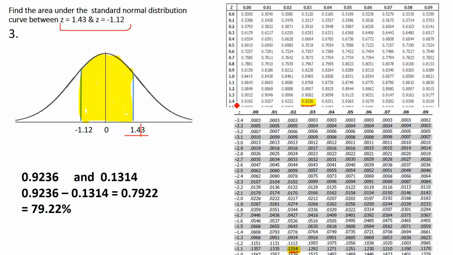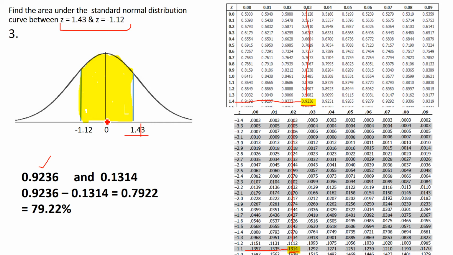So 1.4, this one, and then come down here where it coincides, 0.9236. And then the negative one, same thing, minus 1.1, and from here you will see 0.1314.